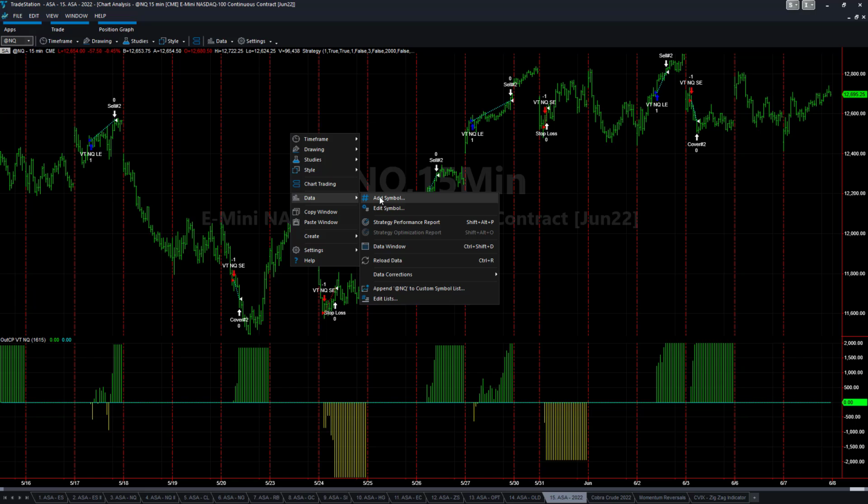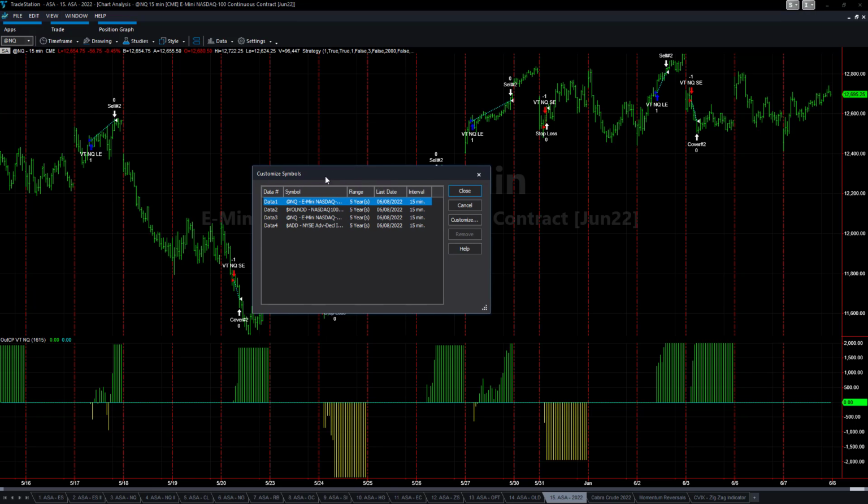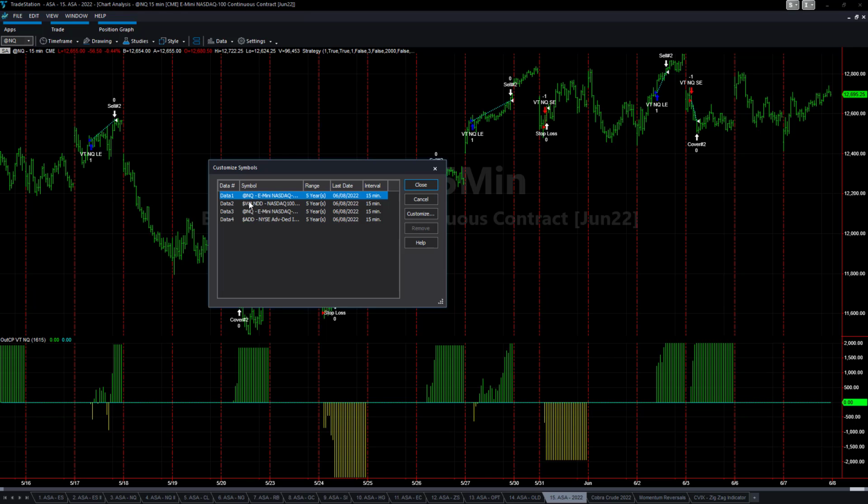Data, edit symbol, and you see it trades the @NQ, and you will need to change this to the front month for automation. @NQ M22. Tomorrow is rollover, which would be @NQ U22, and for micros @MNQ M22 for today, and tomorrow it would be @MNQ U22.